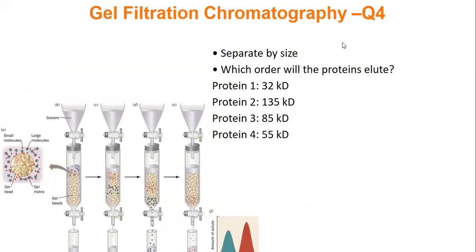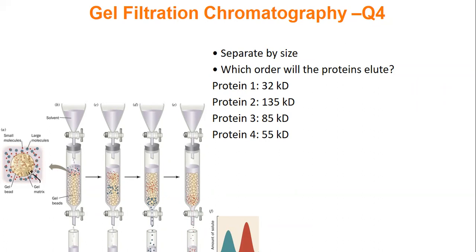Another way to separate proteins, like I said, separating proteins is all trial and error. So you need to have a lot of different tools at your disposal depending on what protein you're working with. So the next experiment is called gel filtration. The way gel filtration works is that you have a column that's full of beads, and this yellow thing in the middle is our bead.